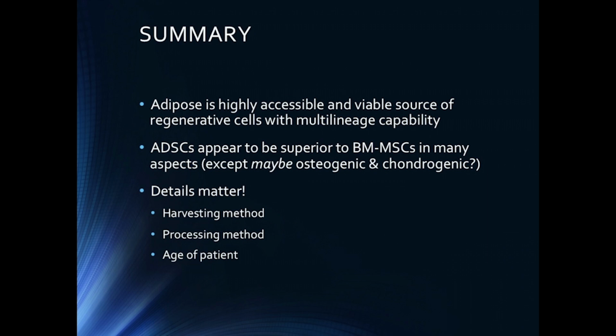It is ripe with lots of regenerative capacity along multilineage lines. They do appear to be superior to bone marrow in many respects, and I put in italics, maybe osteogenic and chondrogenic. But I know docs who are injecting processed adipose into bone marrow lesions and osteonecrotic lesions and getting great results. So again, I'm not sure that what happens in vivo is what we're seeing in vitro, okay?